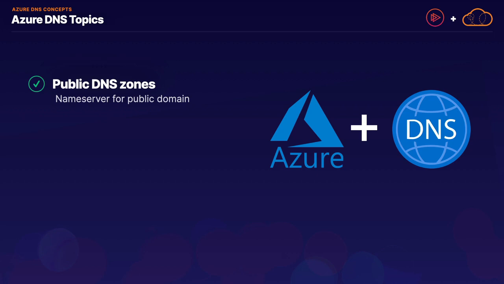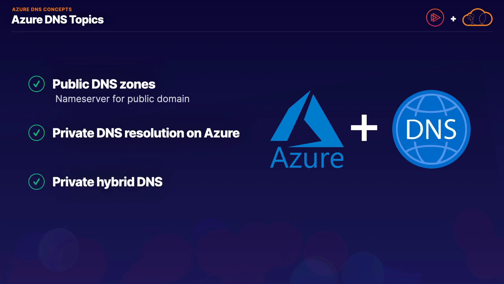We will also cover two separate but related concepts relating to private DNS on Azure, in which we are going to focus on private DNS resolution only on Azure itself, and we're also going to discuss a number of hybrid scenarios in which you need to integrate non-Azure networks with Azure networks and resolve or route private DNS requests from your non-Azure network to Azure and vice versa.